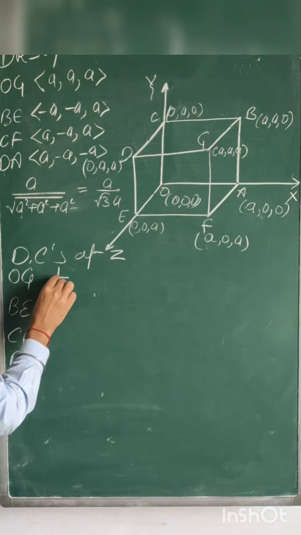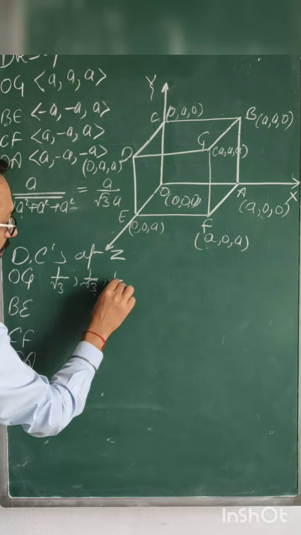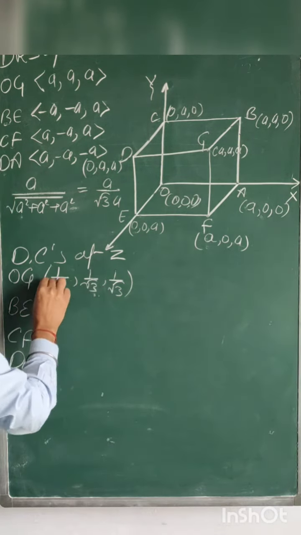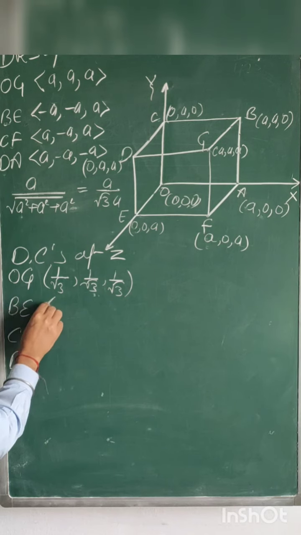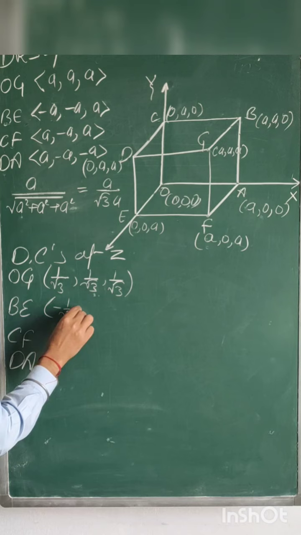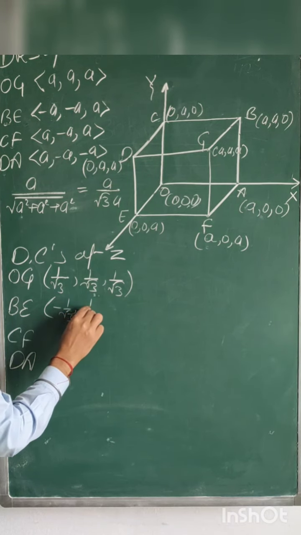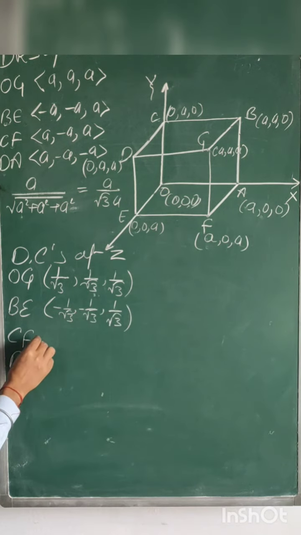So it will be 1 by root 3, 1 by root 3, 1 by root 3. These are the direction cosines of OG. In the same way, BE direction cosines will be minus 1 by root 3, minus 1 by root 3, and then 1 by root 3.